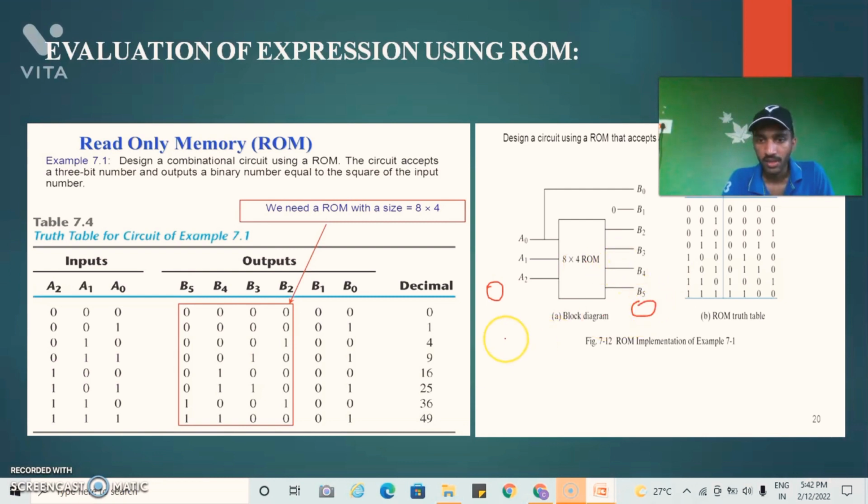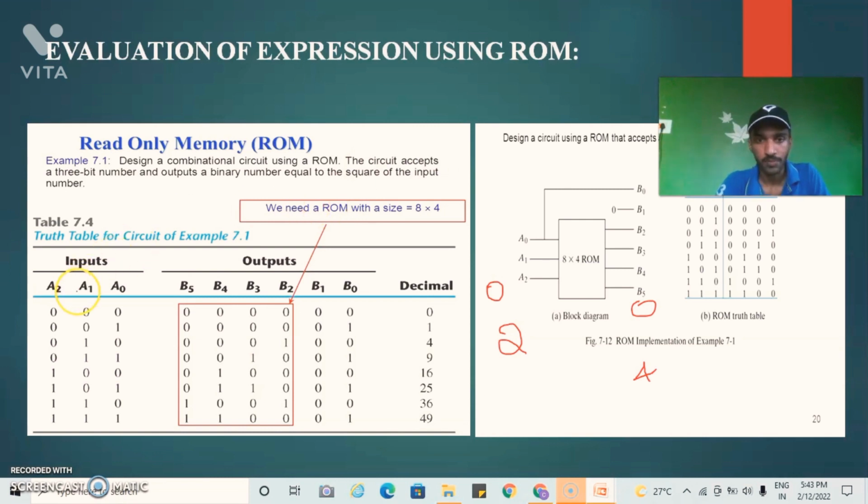If I give an input of 2, the binary equivalent is 0 1 0, so I should get an output of 4, which in binary is 1 0 0. So my problem is asking me to implement this expression using a ROM.